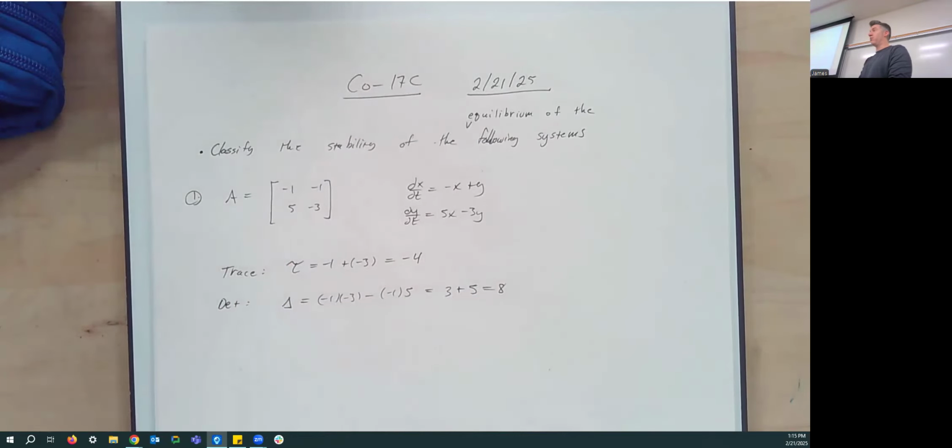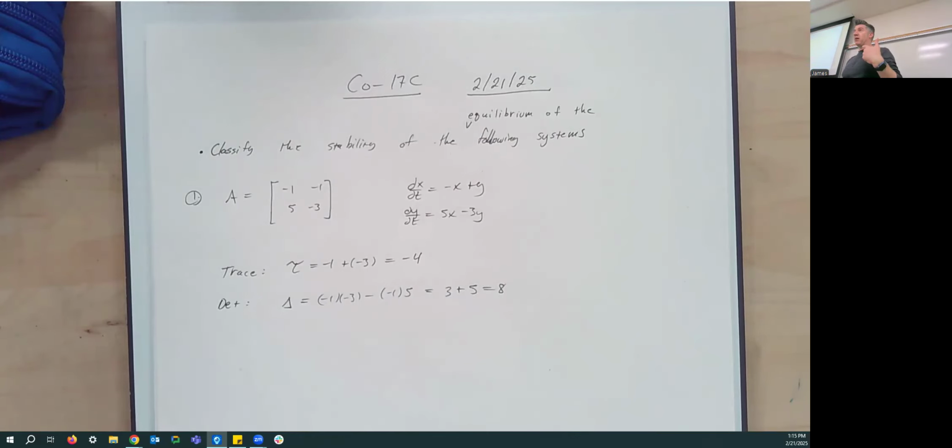All right, so here's how I usually break it down. If the determinant's negative, you're done. You have a saddle. It's kind of like how when we were classifying extrema of functions of two variables, if your quantity D, which is equal to fxx times fyy minus fxy squared, was negative, you got a saddle. Same kind of deal.